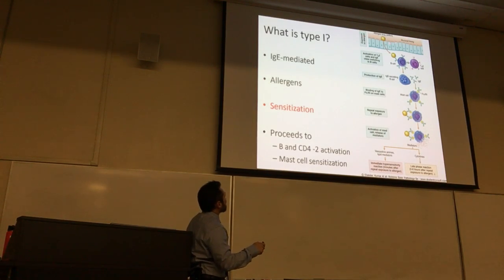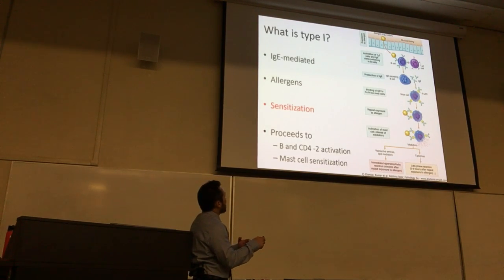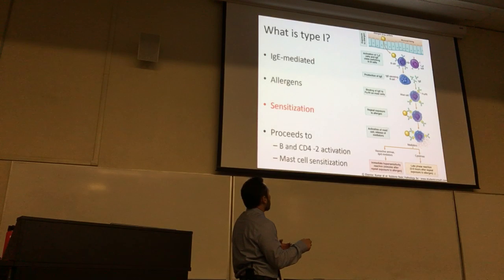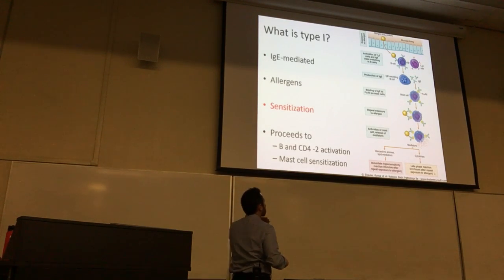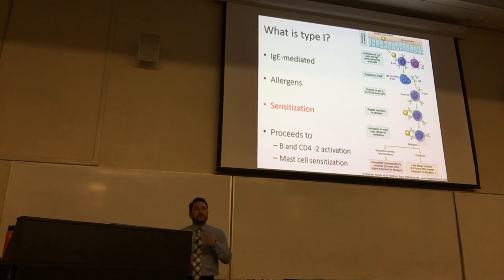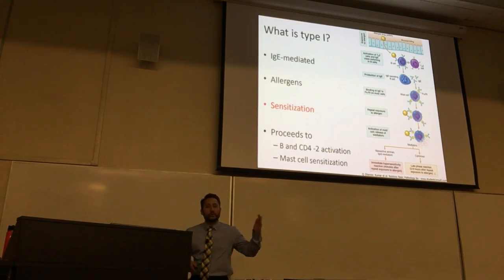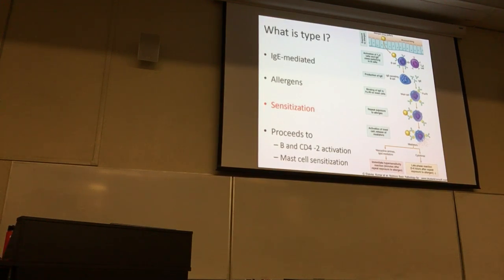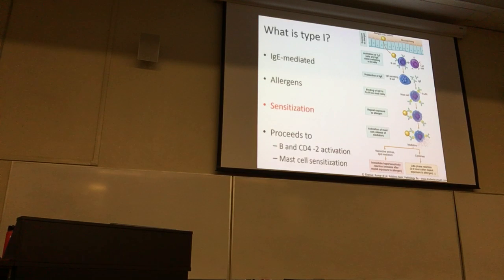It's going to come across the mucosal lining, like of the nose. It binds to a B cell, and it activates this B cell. As that B cell activates, it begins the production of IgE. And that IgE starts to stimulate the catalyst of events, ultimately that's going to lead to the release of certain types of chemical signals, cytokines, primarily histamine.